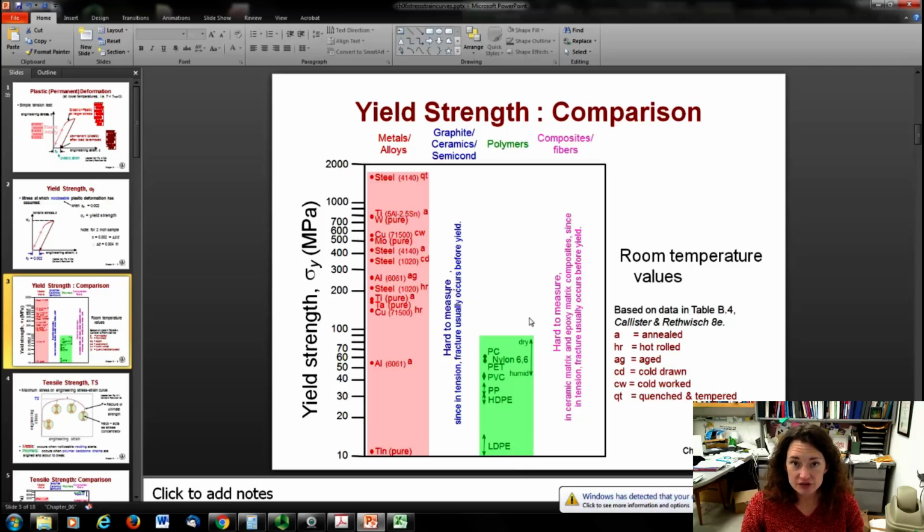Interestingly, there's overlap in the yield strengths between some of the stronger polymers and some of the weaker metals. And so, of course, the yield strength for polymers is much lower than most metals, but there you have it. And then for composites, you're often going to mix your metal alloy with, say, a ceramic or something like that, in which case a lot of them break, just like the ceramics break. So it's kind of difficult to measure for that.